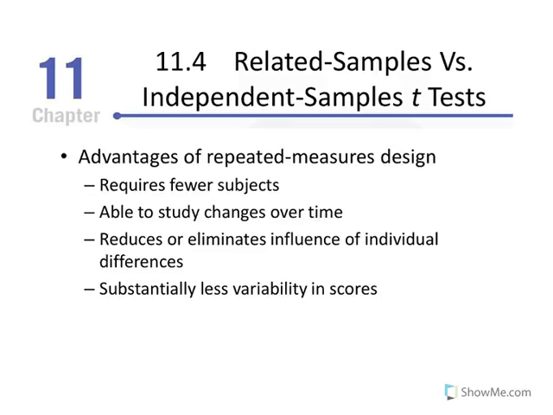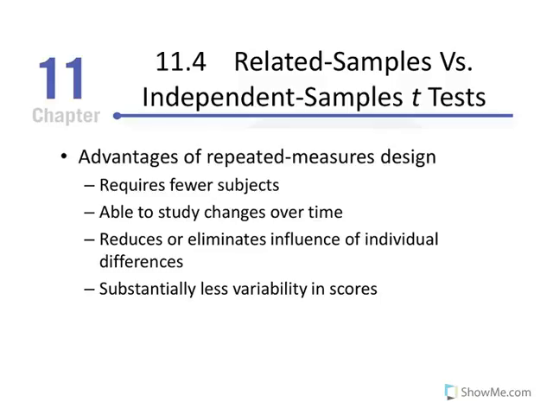For the independent samples t-test, if we have 20 individuals in one condition, we'd need a separate 20 in the other, meaning we'd need a total of 40 participants. So again, the related sample t-test is advantaged over the independent samples t-test because it requires fewer subjects.